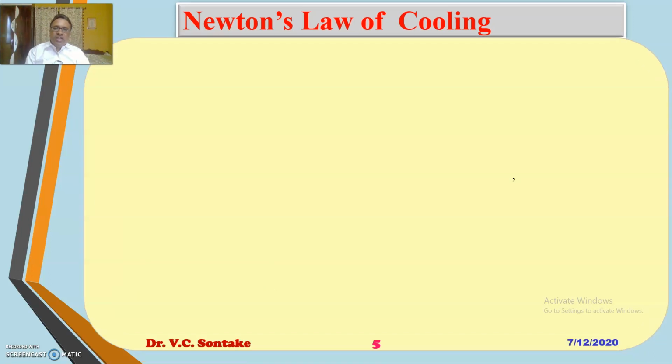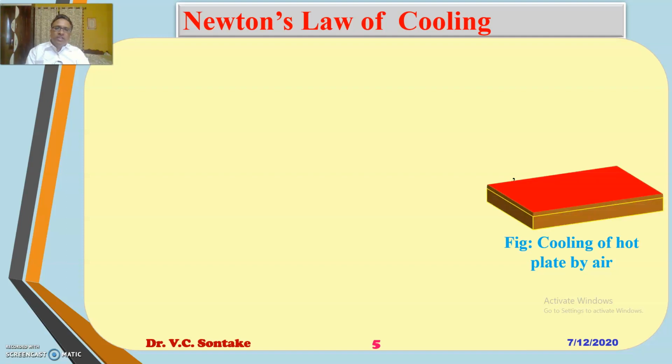In order to understand this Newton's law of cooling, let us take an example of cooling of a hot plate by air. Let us consider a rectangular surface having its surface temperature at Ts. It is exposed to a fluid. This fluid I am considering as air at temperature T infinity and heat transfer coefficient h.